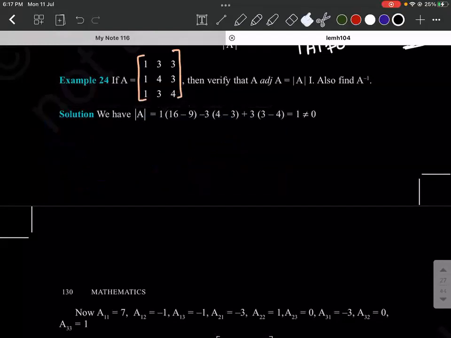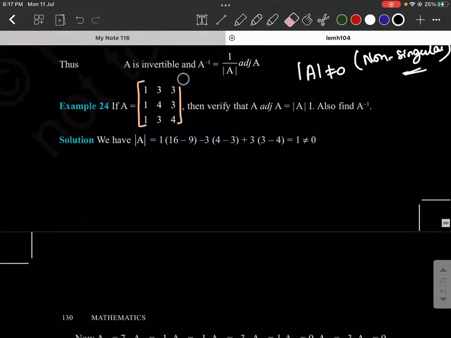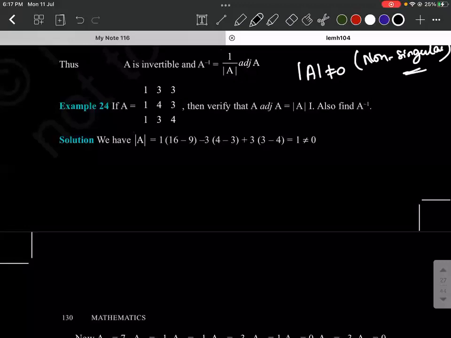Shall we try a problem and see? Did we do this problem in the previous class? Did we do it? So we only found the adjoints and not the inverse.